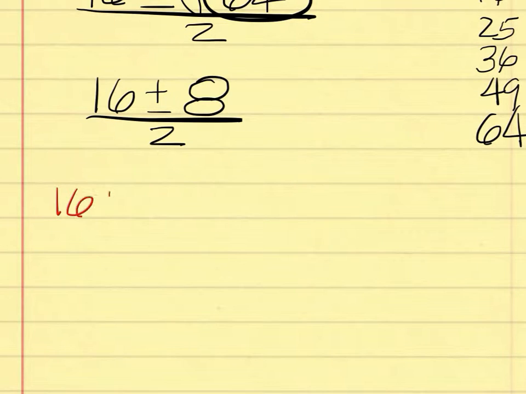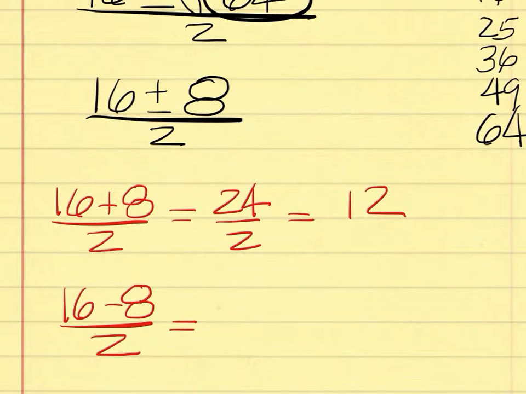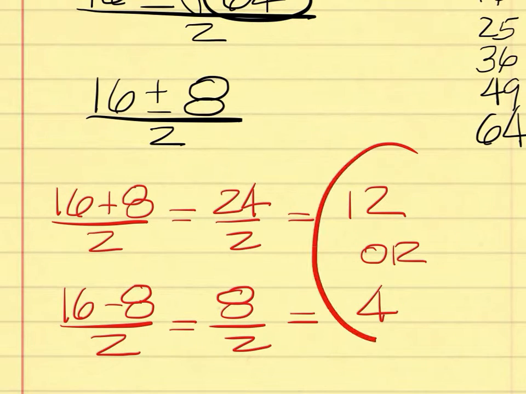One is 16 plus 8 over 2, and the other is 16 minus 8 over 2. 24 over 2 is 12, and 8 over 2 is 4. 12 or 4 are the solutions. Try this one and bring it up here.